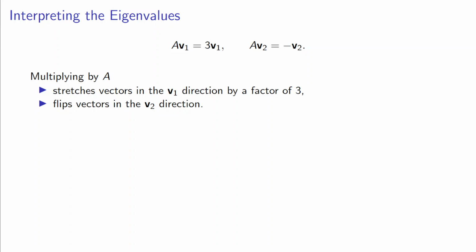If we consider R2 using the basis v1 and v2, the basis consisting of those two eigenvectors, then we can think about what happens to every vector in R2 after transforming by A. It would stretch the vector in the v1 direction by a factor of 3 and flip the vector in the v2 direction. And this is something we'll look at in just a minute a bit further with another example.